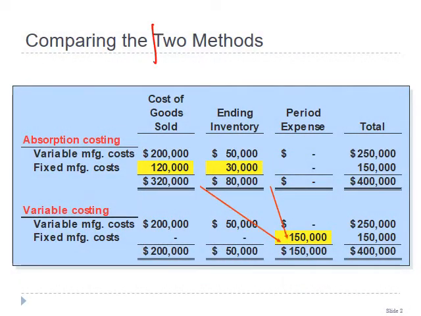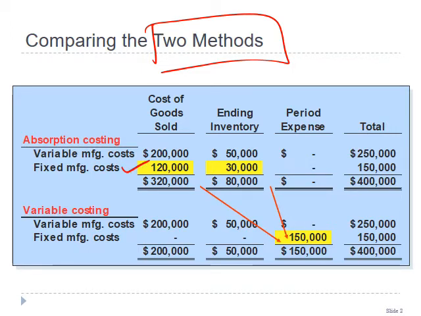So comparing the two methods, recall our Harvey company data for that example, which is our basis of this chapter. Under absorption costing, 120,000 is our fixed manufacturing overhead that we already included here, right?